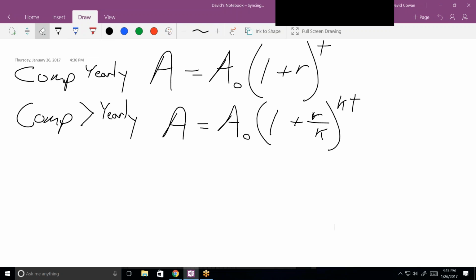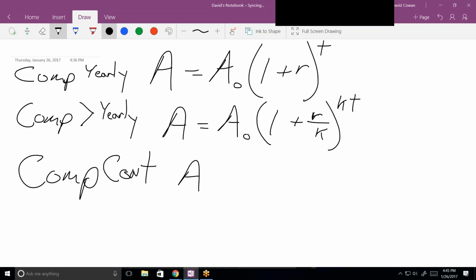That is a completely artificial process. It doesn't occur in nature. There's nothing in nature that compounds yearly or monthly. It compounds continuously. That's what nature does. If you have bacteria growing in a petri dish, it's going to compound continuously, and that's equal to this.